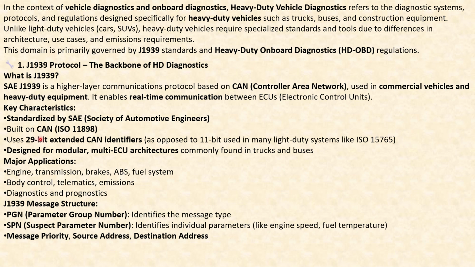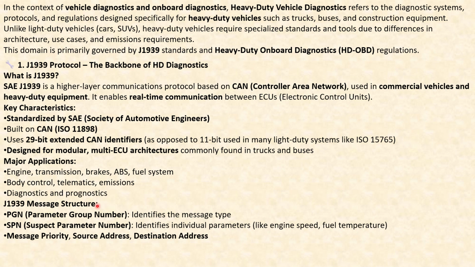It is built on Controller Area Network, acronymed as CAN, and it uses 29-bit extended CAN identifiers as opposed to 11-bit mainly used in light duty systems. So understand this, in heavy duty it is 29-bit and in light duty it is 11-bit. And also it is designed for modular multi-ECU architectures commonly found in trucks and buses.